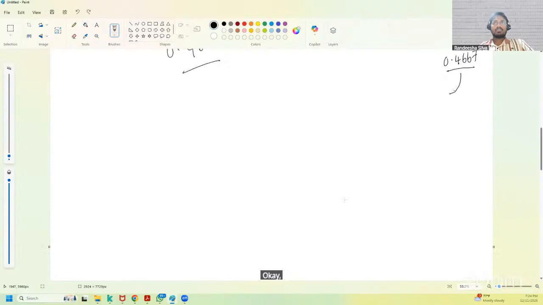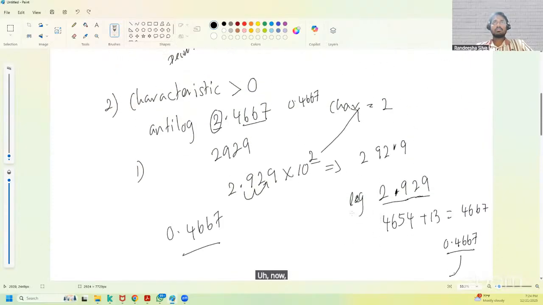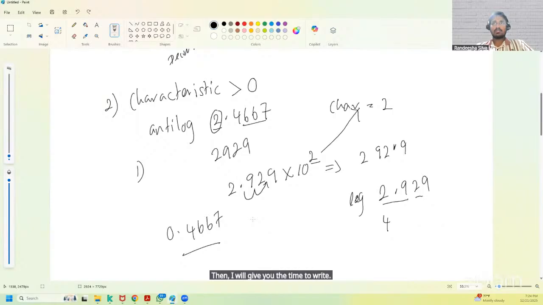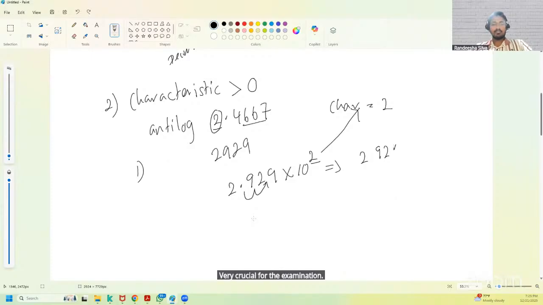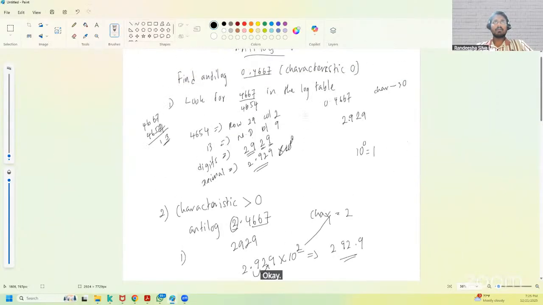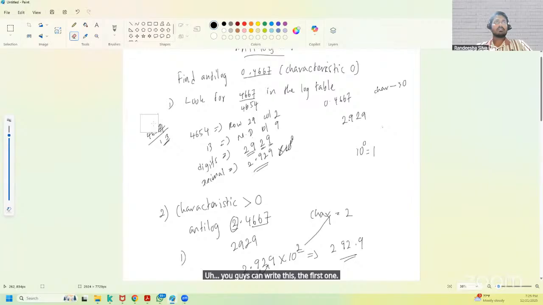Okay, so hope this also makes sense. Then I will give you time to write these two examples, because these are very crucial for the examination. Okay, then this will be 0.9. You can write this. The first one is to find the antilog for this.